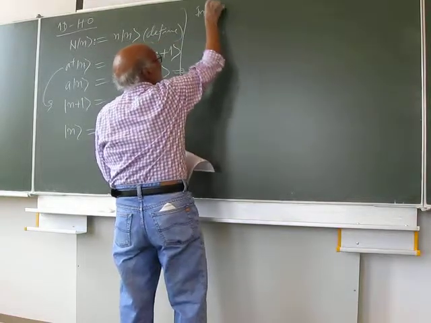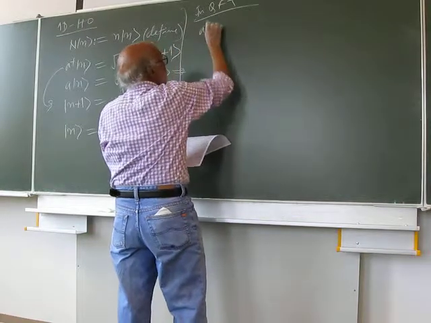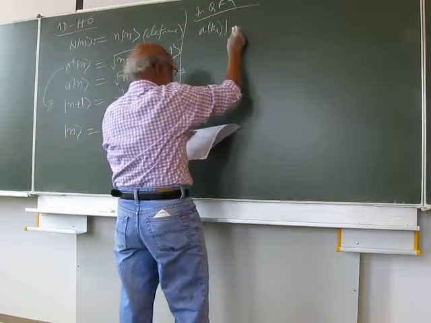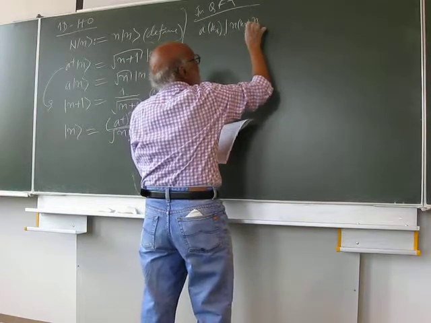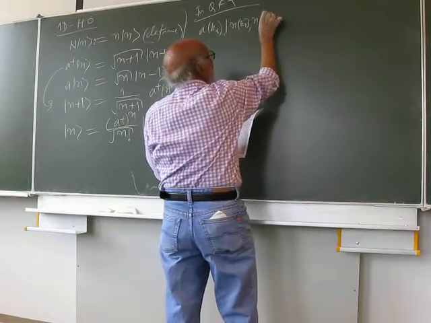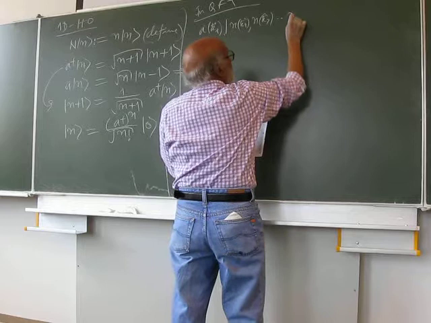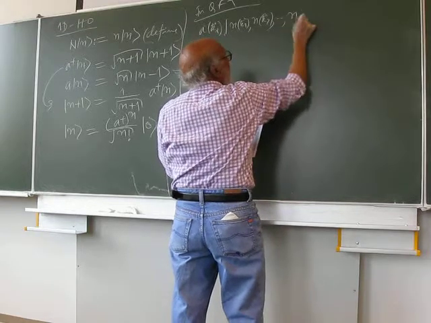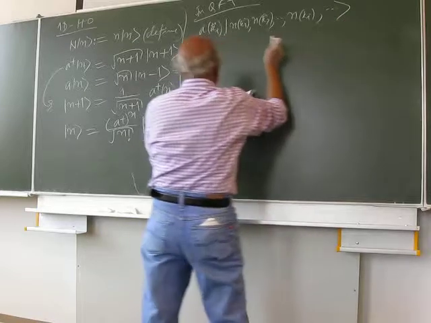In QFT, I would write a_{k_i} operating on n of k1, n of k2, ..., n of k_i.